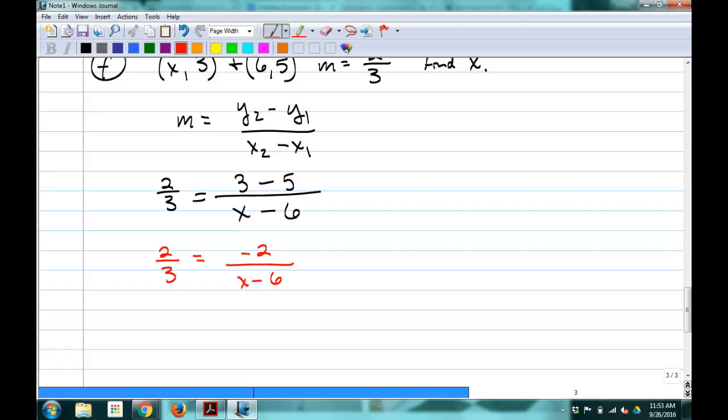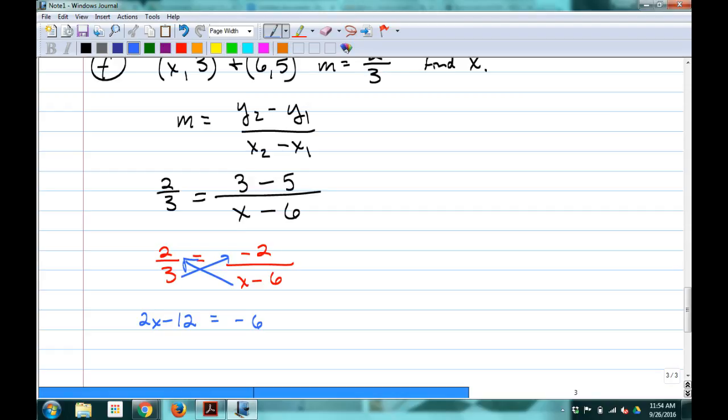So I'm going to multiply negative 2 times the 3, and then 2 times x minus 6. So that'd be negative 6, and then it'd be 2x minus 12. Where did I get 2x minus 12? I distributed the 2 to both of those. 2 times x is 2x. 2 times negative 6 is the minus 12.